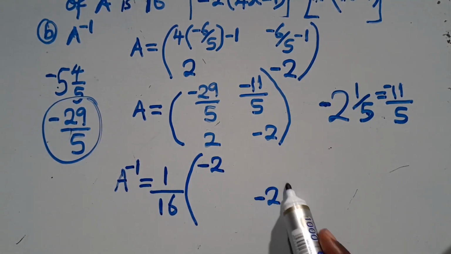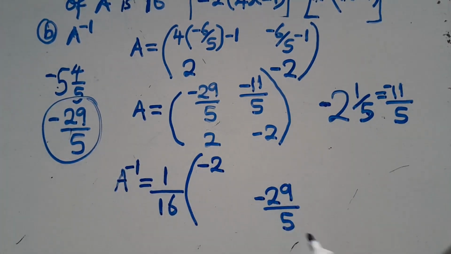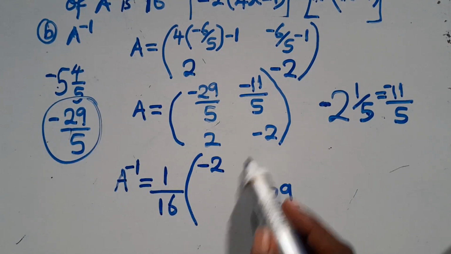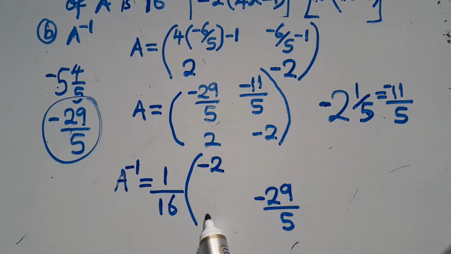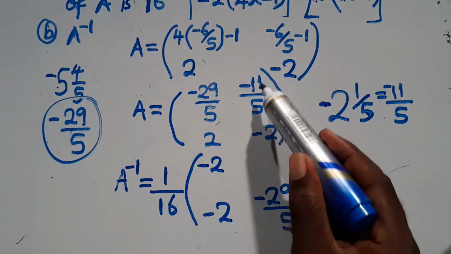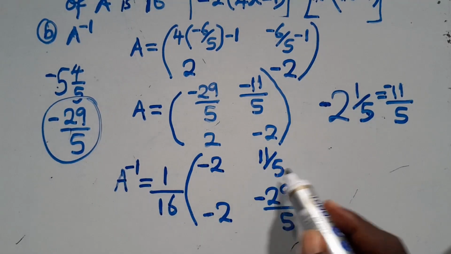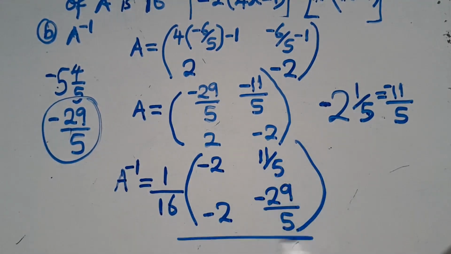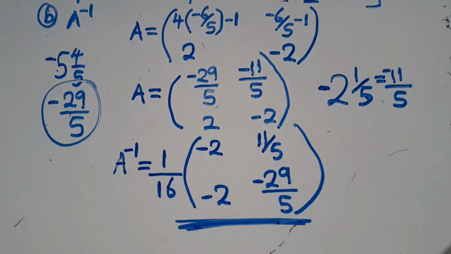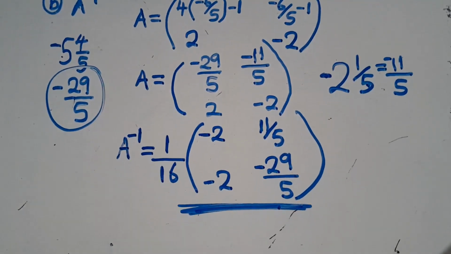Negative 29 over 5 comes here. They are going to swap. Then these two are going to change. This is positive 2, it becomes negative 2. This is negative 11 over 5, it becomes positive 11 over 5. So you can end here, there is no problem. But if you want, you can proceed where you start evaluating this. But even ending here, there is no problem. You can end here if you want.